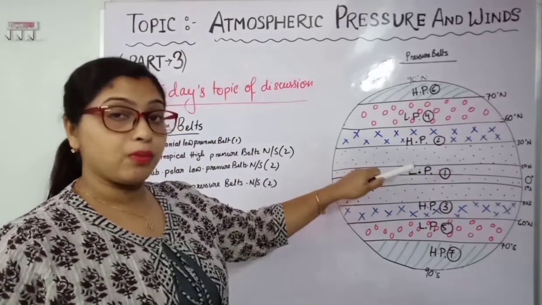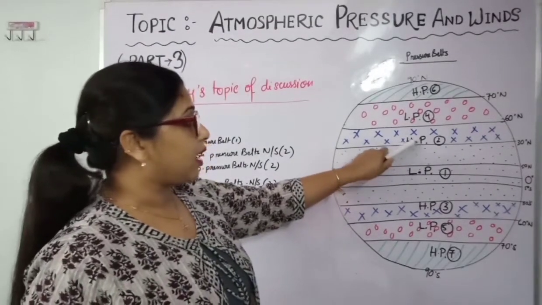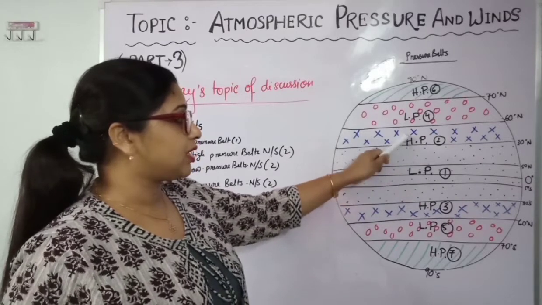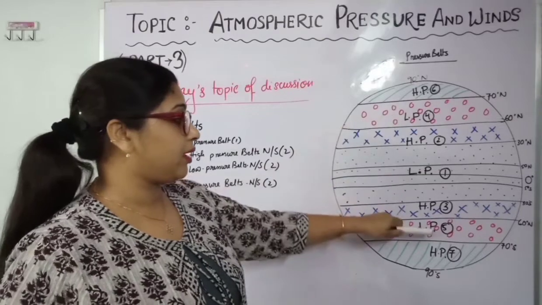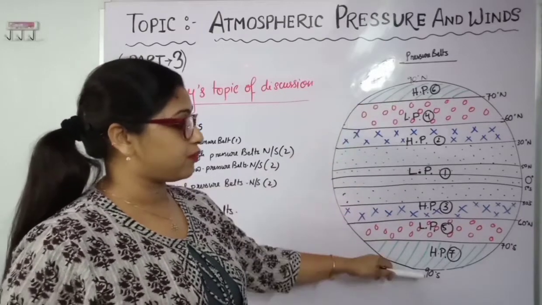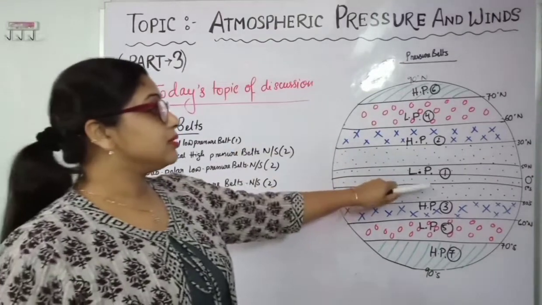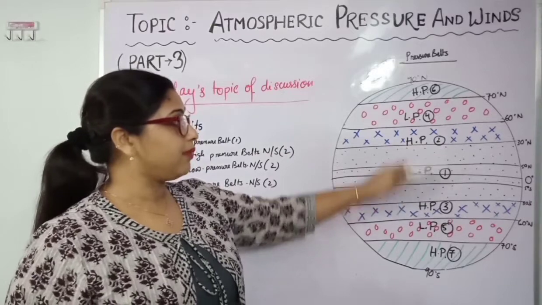I will discuss this later. First see the high pressure. You can see how low pressure and high pressure form alternately, then again low pressure in the subpolar area, and then again high pressure at the polar area. These are the main 7 pressure belts: 1, 2, 3, 4, 5, 6, 7.